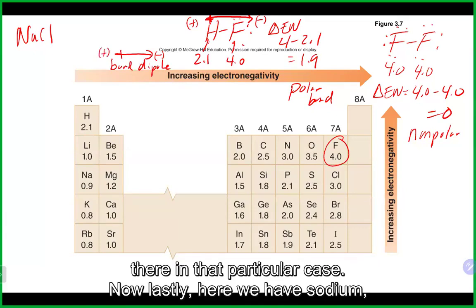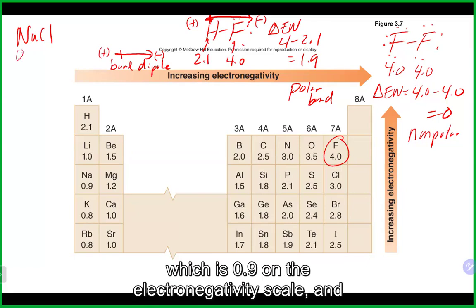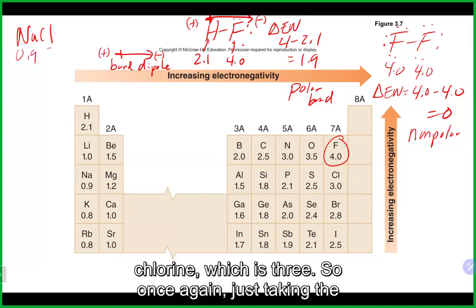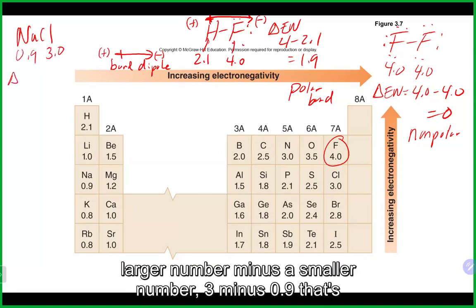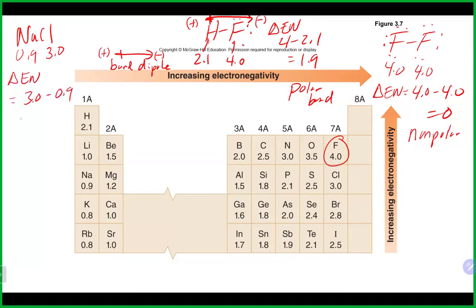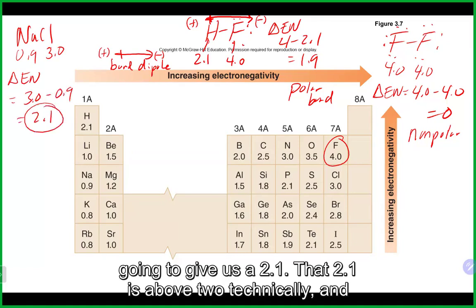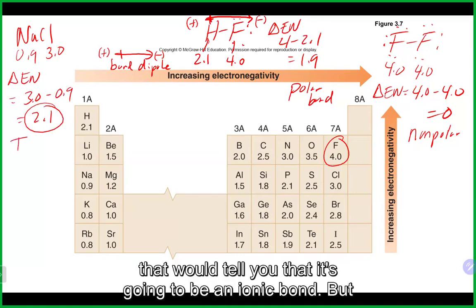Now lastly, here we have sodium, which is 0.9 on the electronegativity scale, and chlorine, which is 3. So once again, taking the larger number minus the smaller, 3 minus 0.9 gives us 2.1. That 2.1 is above 2, and that tells you it's going to be an ionic bond.